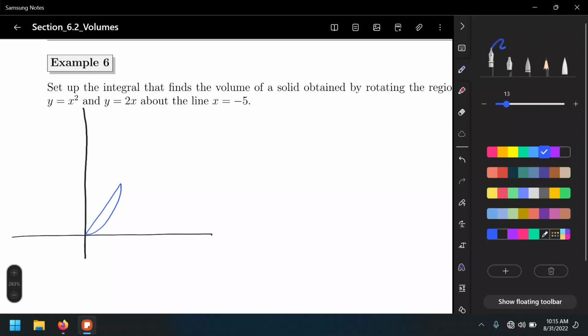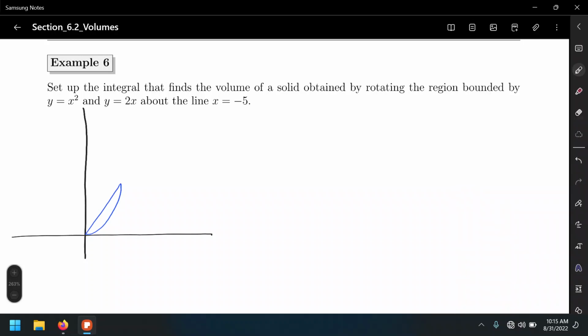All right. So from here, in this case, they're asking us to set up the integral that finds the volume when we rotate this region about the line x equals -5. So this one is not going to be a horizontal axis of revolution, but rather a vertical one.